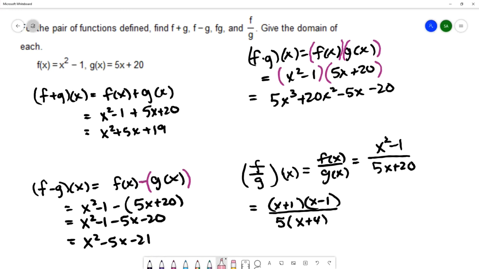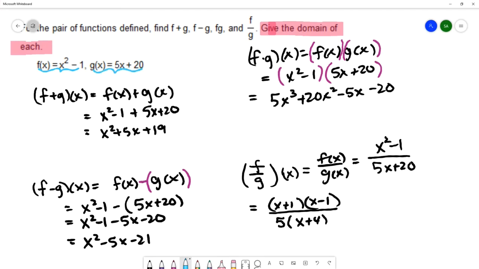We want to come back here and find the domain of each one of these functions. And when we're finding the domain of functions that we add, subtract, multiply, and divide, we have to first consider the original domain.